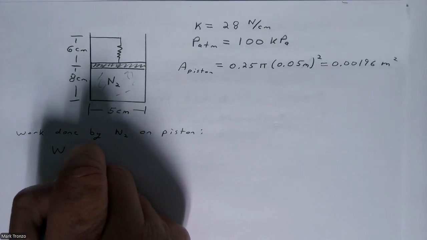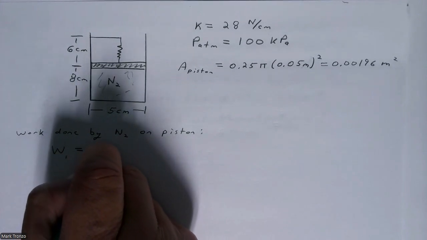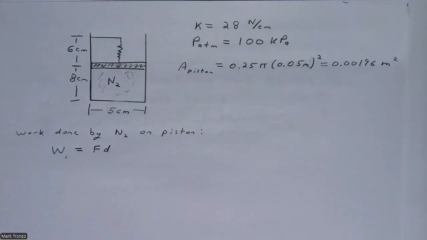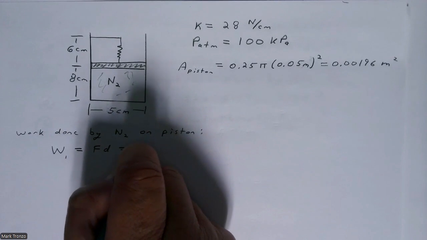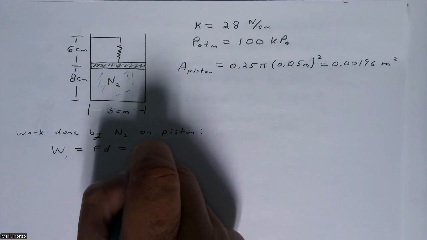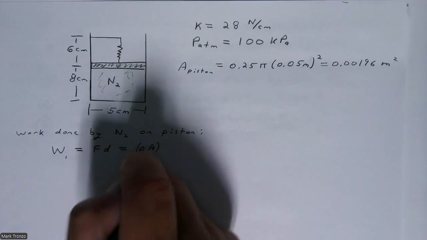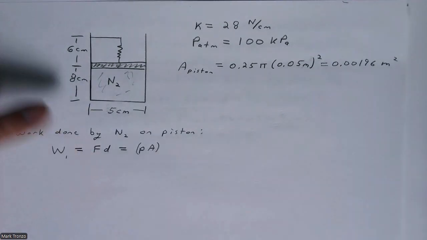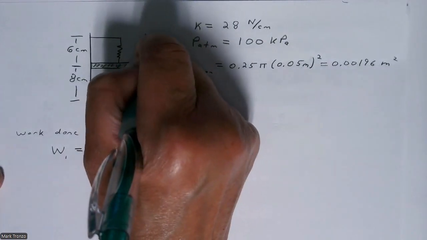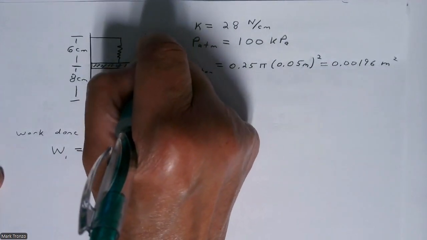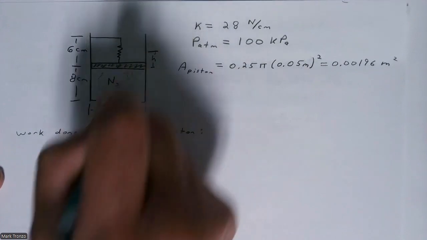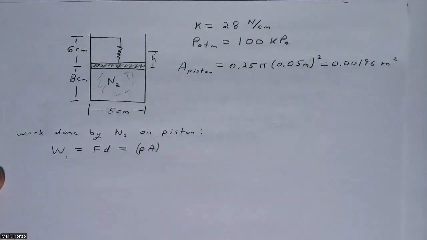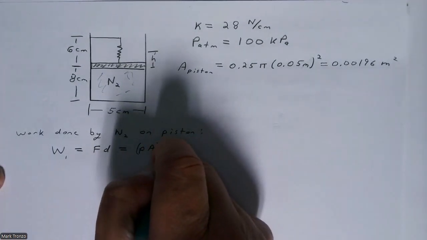Again, remember, the work is always force times distance. And now in our case, the force is going to be the pressure times the area. That'll be the force. And then the distance would be maybe the height that this moves. So we could consider that this is going to move some height h as the gas is expanding. So I'll just call that h there.